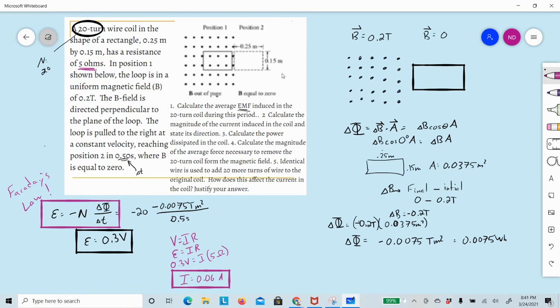Now, here's the tricky part. We not only have to state the magnitude of the current, but we need to know its direction.